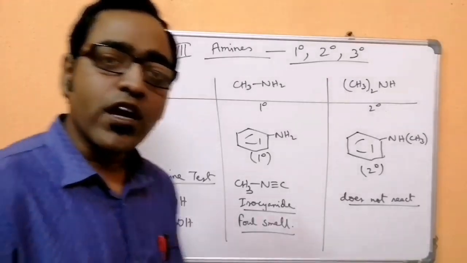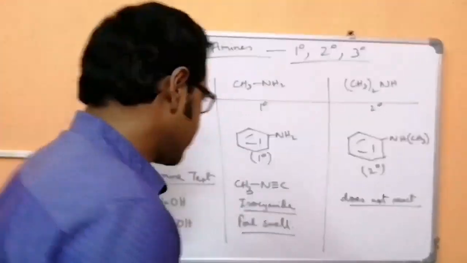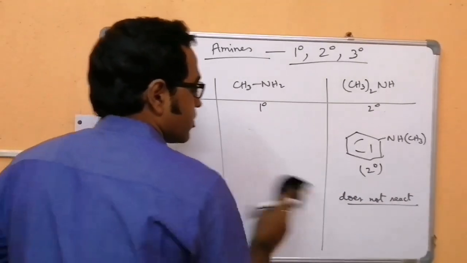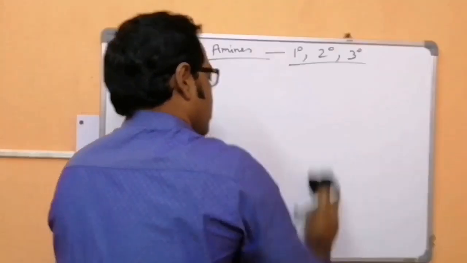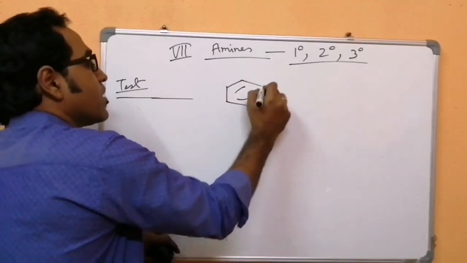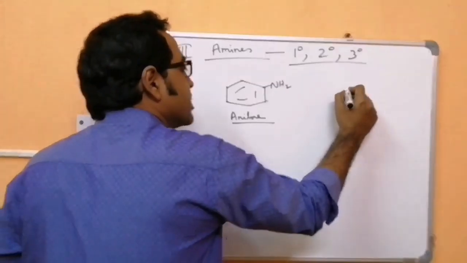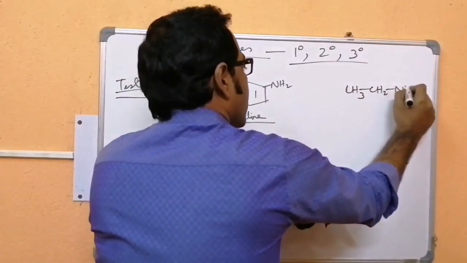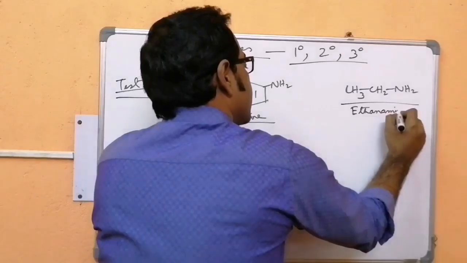But suppose you are asked to distinguish primary aromatic amine and primary aliphatic amine, so you are asked to distinguish between aniline and ethanamine. This is ethanamine.